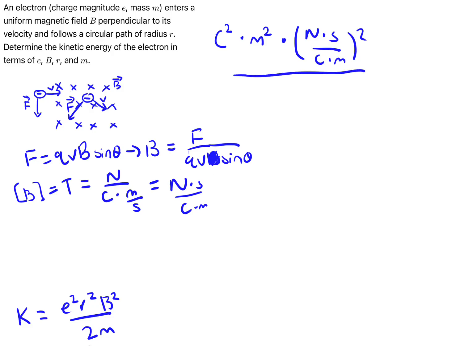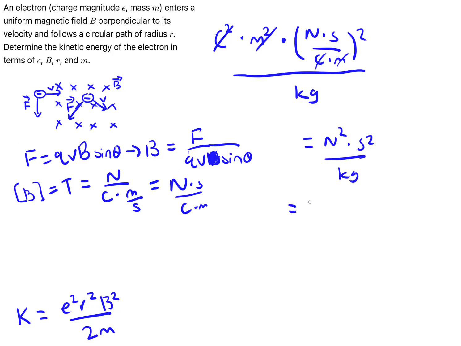In the bottom, 2 doesn't have any units, it's just a number, and m has units of kilograms. Now if we simplify this, these cancel, since they're squared. This becomes meters squared and cancels with this one. And we have Newton squared times second squared over kilograms.